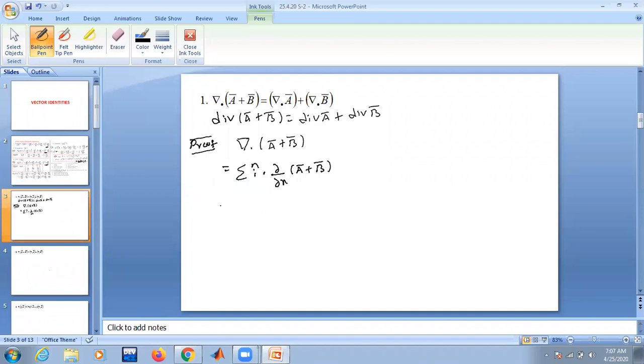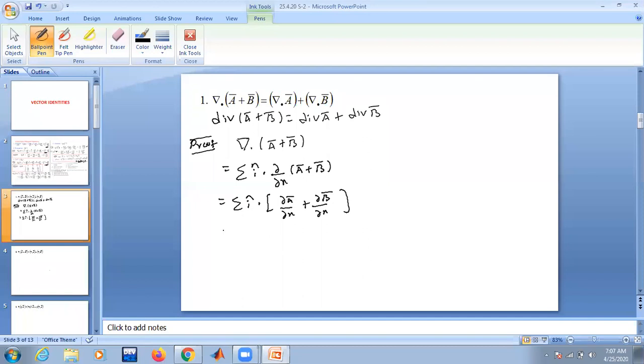Derivative of sum equals sum of derivatives, so I can write it as dou a bar by dou x plus dou b bar by dou x. I simply applied a derivative to each term.